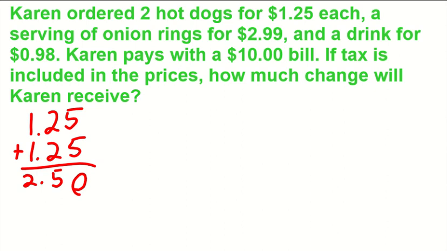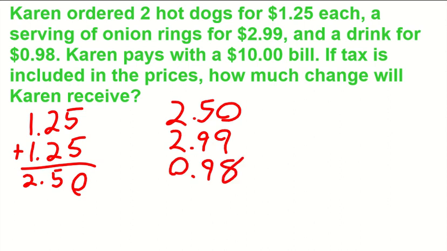Jacob, what'd you get? $3.53 is correct. So then we got $2.50. We add up the 2 hot dogs. You could also multiply by 2. I would guess most of y'all would just add them together. Then we add the $2.99. And I'm going to go ahead and add the 98 cents all at once with that. If you want, you can do it in pieces.